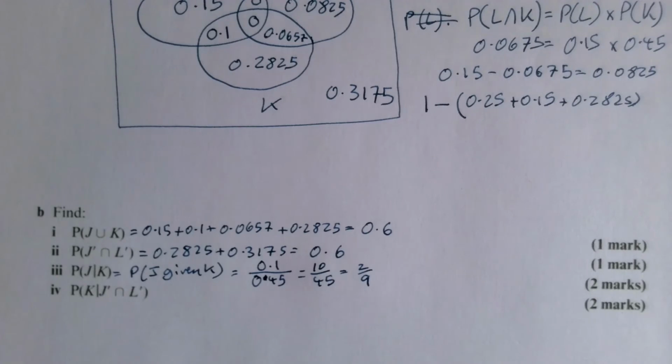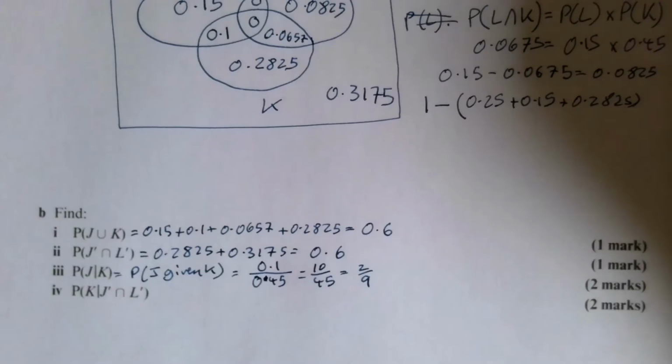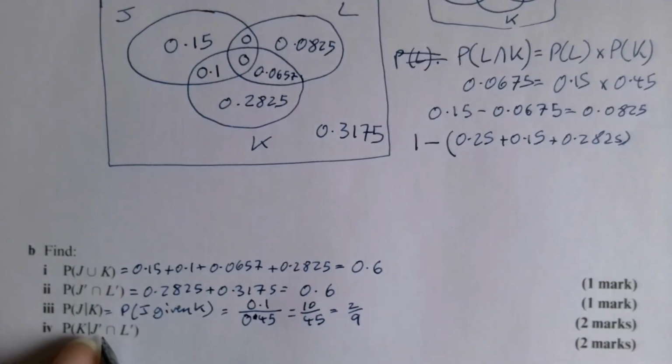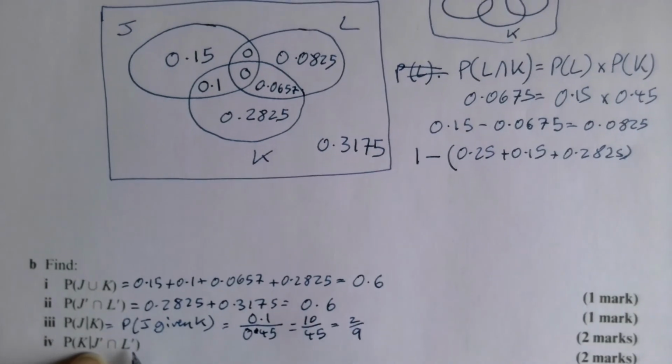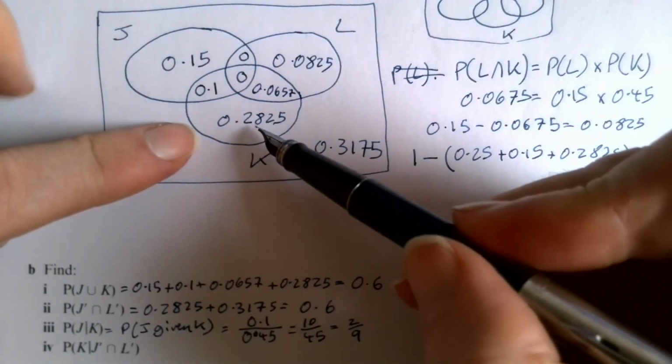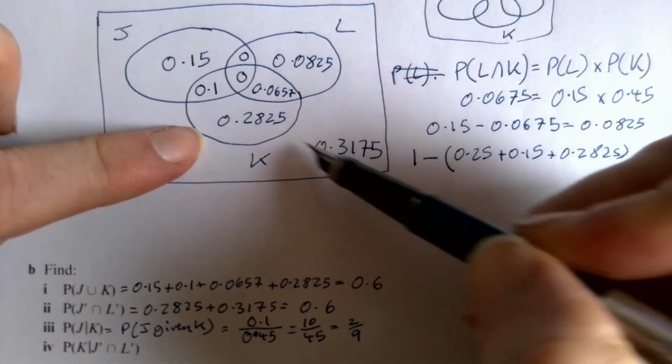And the last one, now I must admit I read this wrong when I first saw it. I thought it was saying K given not J combined with not L, but actually what this means is K given it's not in J and it's not in L. So not in J and not in L is just these parts.